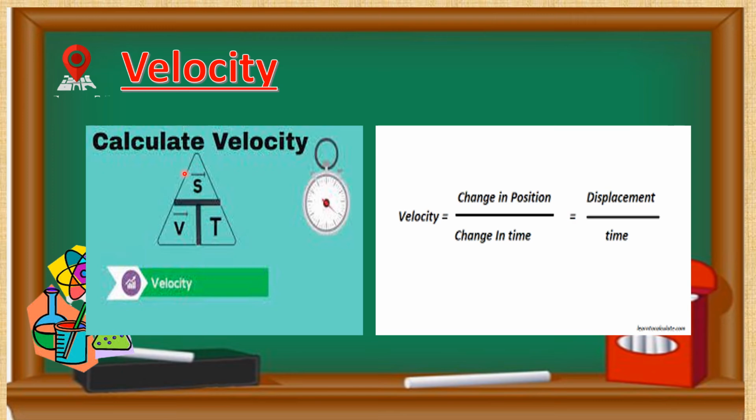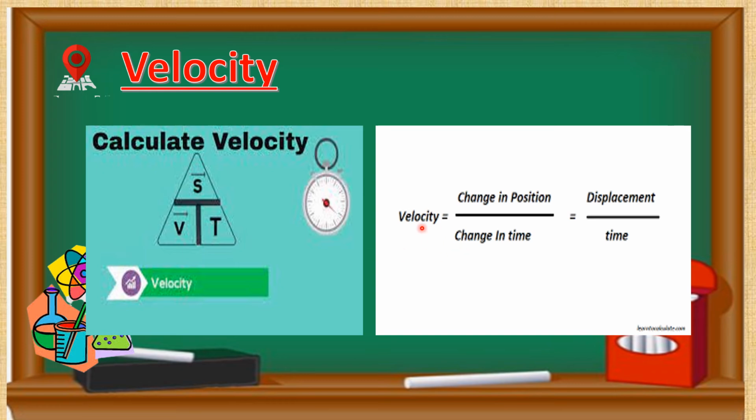So how do we calculate velocity? V with the line at the top refers to velocity, and it equals displacement, which is letter S with a line at the top, over time.